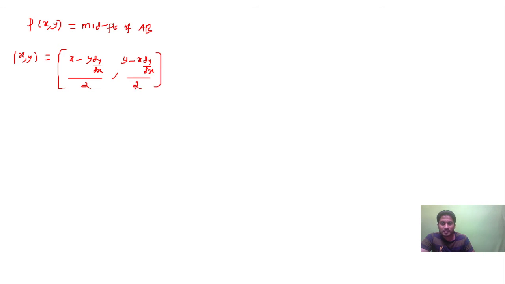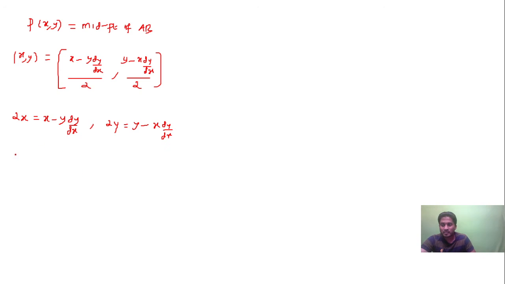If I cross multiply, you will get 2x is equal to x minus y upon dy by dx, and 2y is equal to y minus x into dy by dx. Either use the first equation or second equation, simplify, you get the same answer.